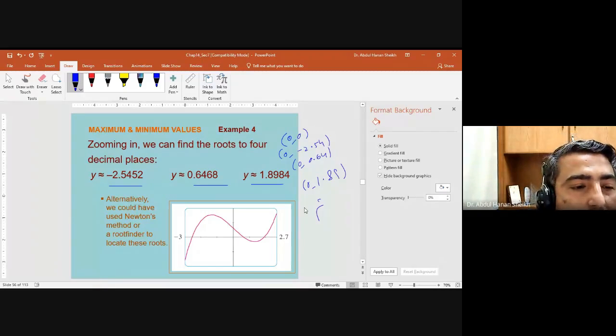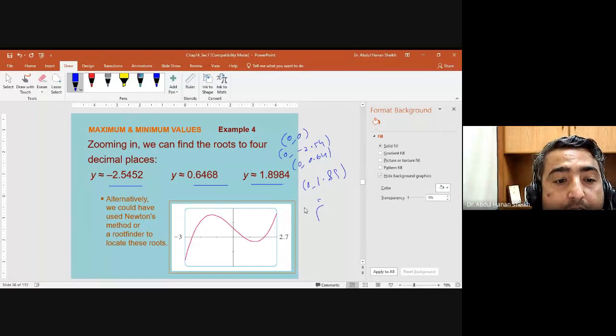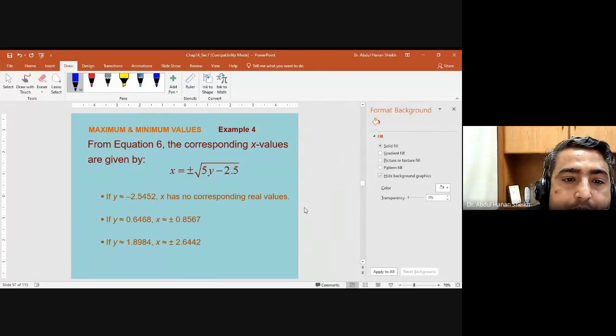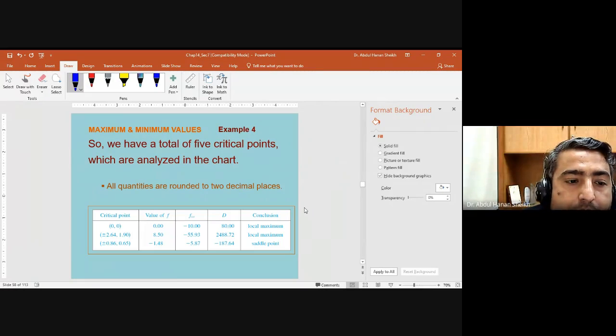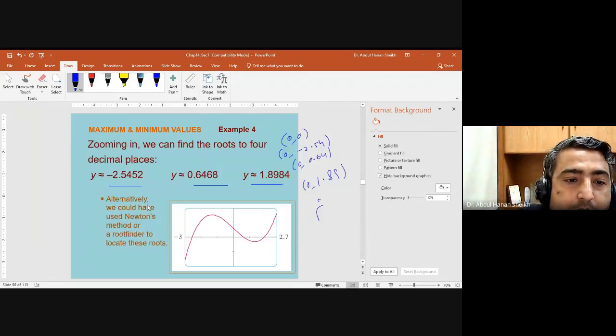Now apply the second derivative test on all these values. First we need to find D. So this is, I mean, very nice analysis. So these are the points. Okay, sorry, I'm wrong.